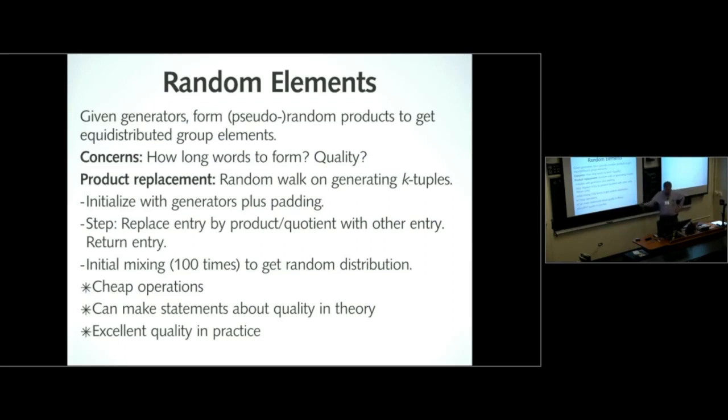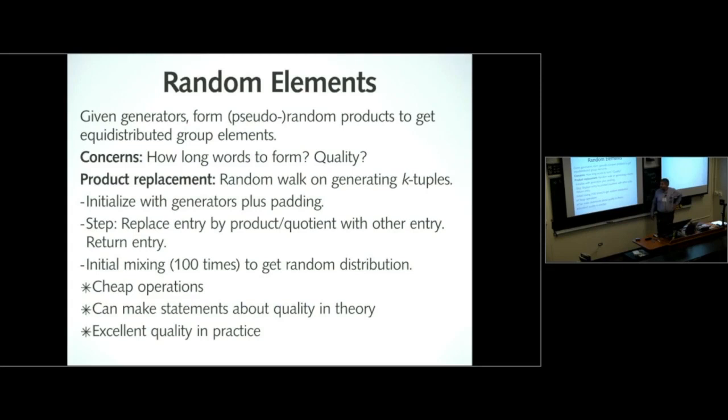There are a couple of questions which come up. We want random elements of good quality, as equally distributed over the group as one can hope for, and so questions come up: how long words would one need to form, and what's the quality of the elements then? The method which gets a little bit around this long word question is what goes under the name of product replacement.